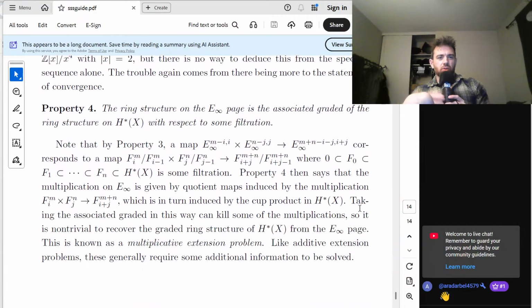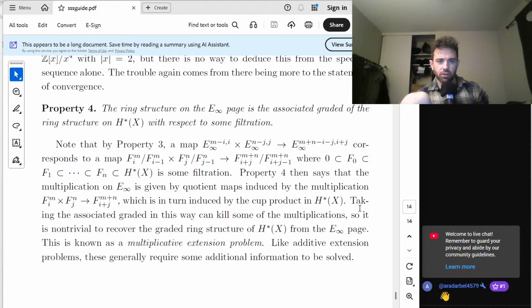Property 4. The ring structure on the E infinity page is the associated graded of the ring structure on cohomology. Note that by property 3, a map here should correspond to a map of the associated gradeds.